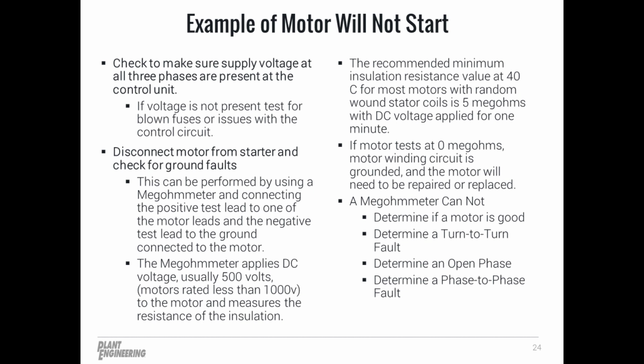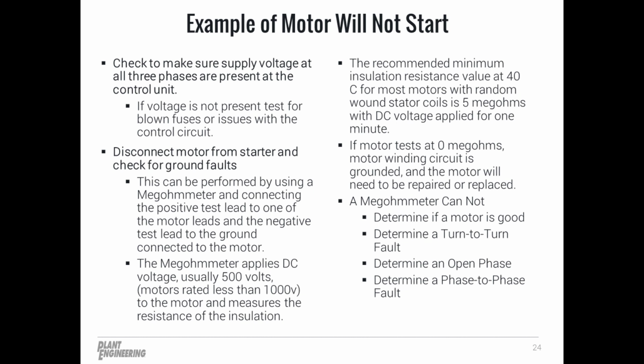The recommended minimum insulation resistance value at 40 degrees C for most motors with random wound stator coils, with DC voltage applied for 1 minute, is 5 megohms. So low readings may indicate reduced insulation conditions that could be caused by contamination or deterioration from excessive heat.